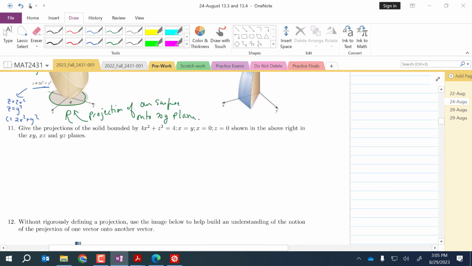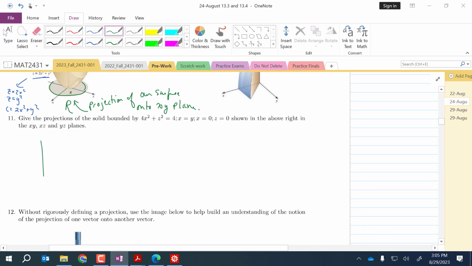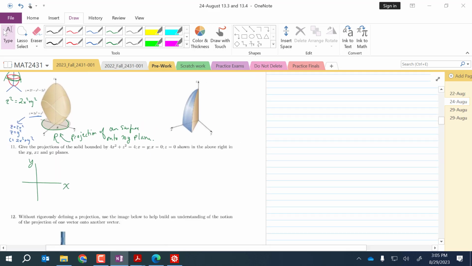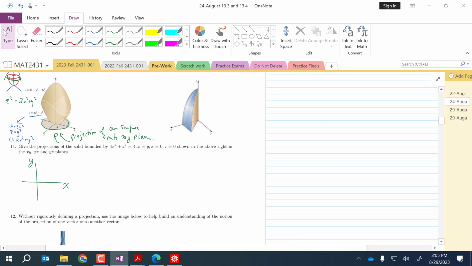Okay. So let's go ahead and sketch here's my xy plane. Okay. I'll do this first one with you. Let's project this surface into the xy plane.